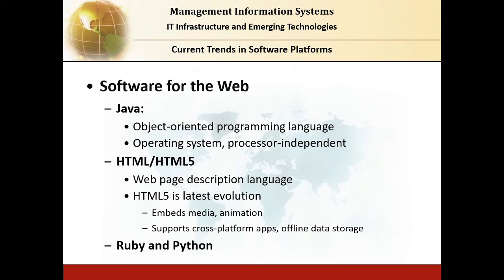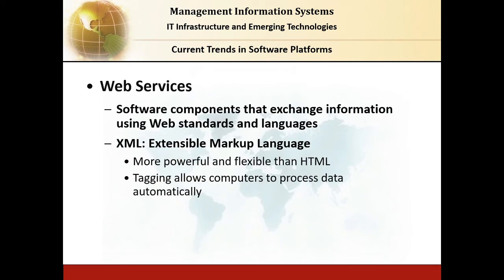Then we also have the Ruby and Python. Web services. So, software components that exchange information using web standard and languages. Example, we also have the XML, Extensible Markup Language. So, yung mga web services po, yan po, yung more powerful and flexible than HTML.